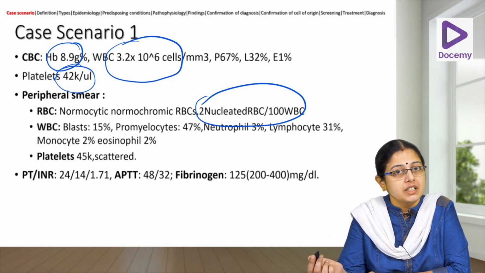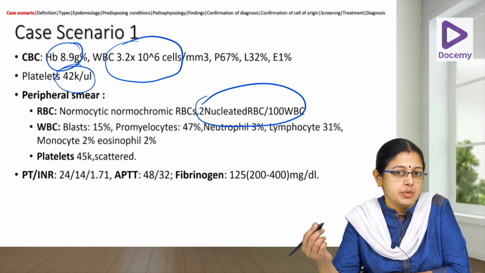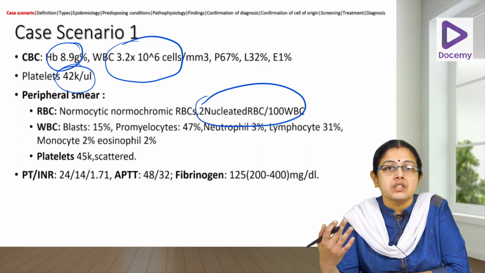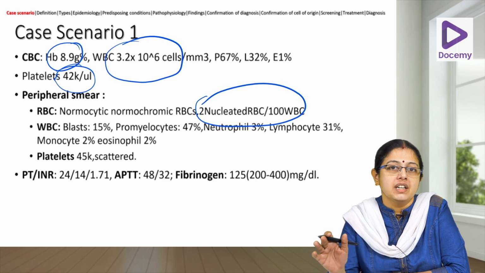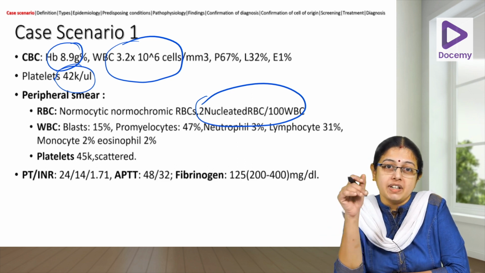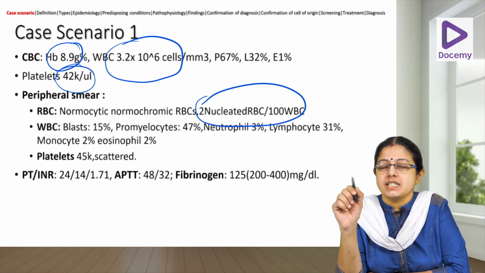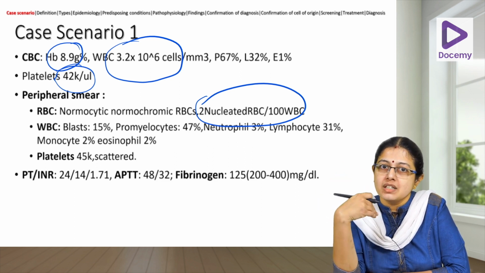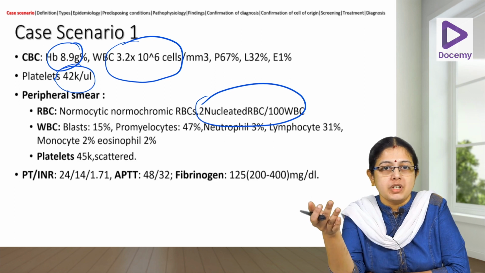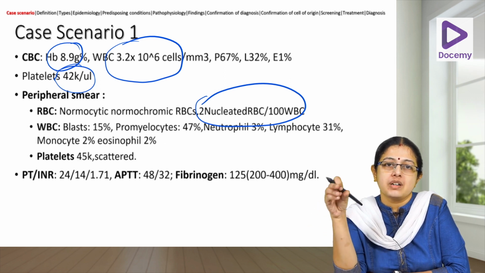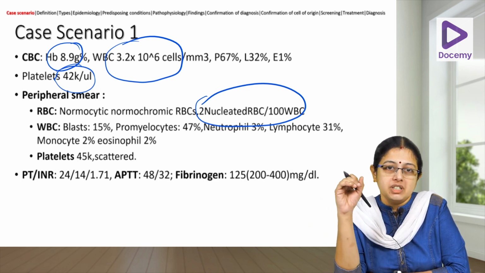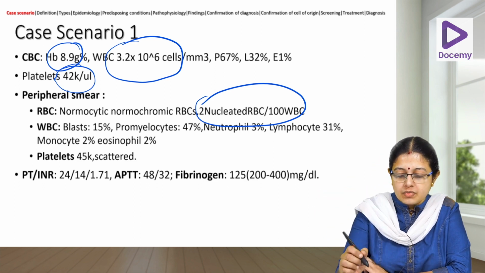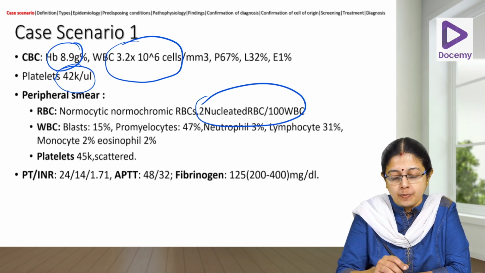Finding nucleated RBCs in the peripheral smear should ring bells in us, because it is a very classical finding that the bone marrow is under stress. Only when the bone marrow is under stress do nucleated RBCs get thrown out into the peripheral blood. Normally, the nucleated RBC, the erythrocyte which has not matured, remains within the bone marrow. So here, there is something wrong with the bone marrow.